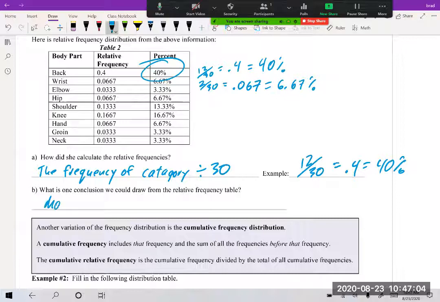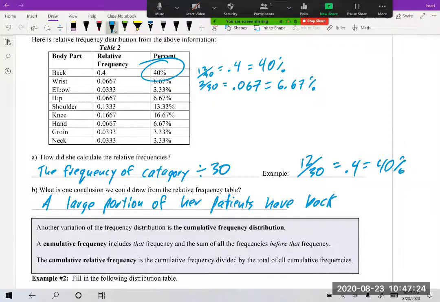So let's say a large portion of her patients have back pain, right? No big deal. And that's pretty obvious from that.